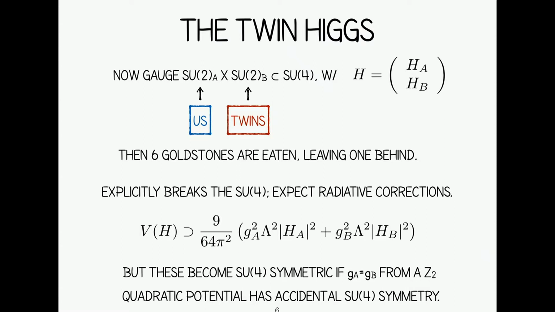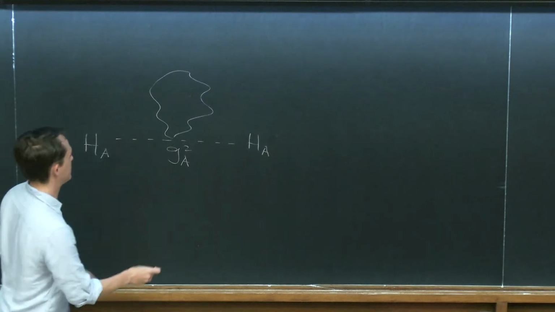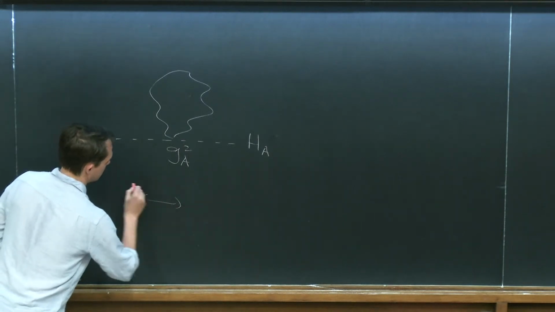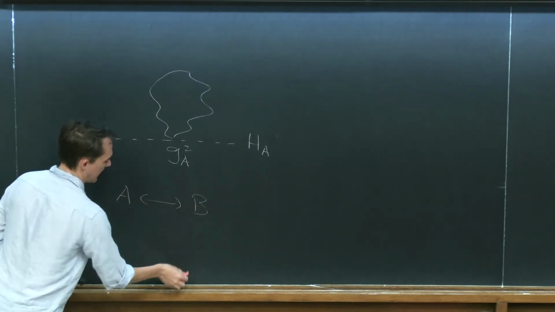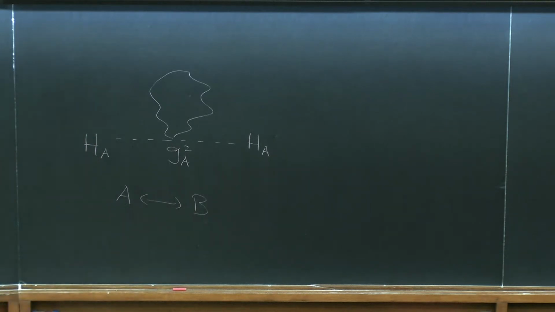For example, if I look at radiative corrections to the doublet of the first SU2, HA, there are loops of SU2A gauge bosons that give me quadratic divergences, proportional to the gauge coupling of the SU2A. There's the same set of diagrams for HB that are proportional to the SU2B gauge coupling.